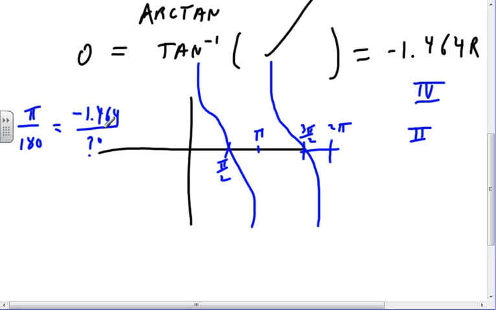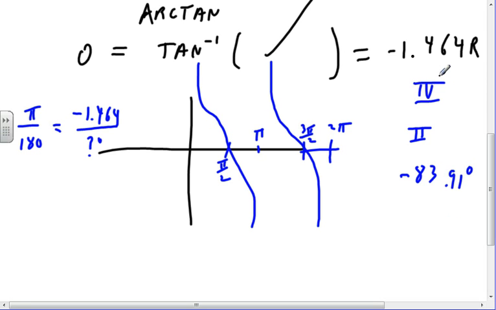So I'm going to go my answer times 180 divided by pi. Okay, so I'm at minus 83.91 degrees. So that means I do have a fourth quadrant answer.